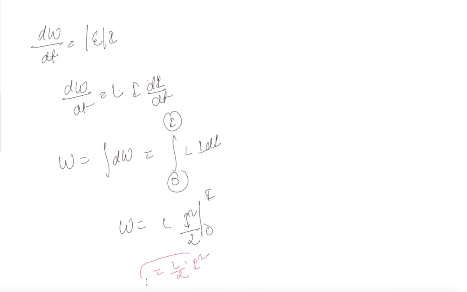So this is my total expression for work done: W equals 1 upon 2 into L into I square. So this is my work done for self-inductance.